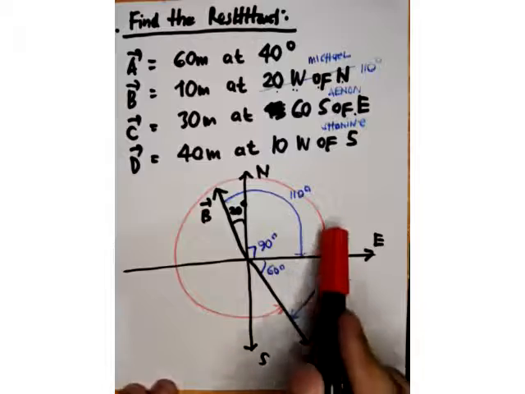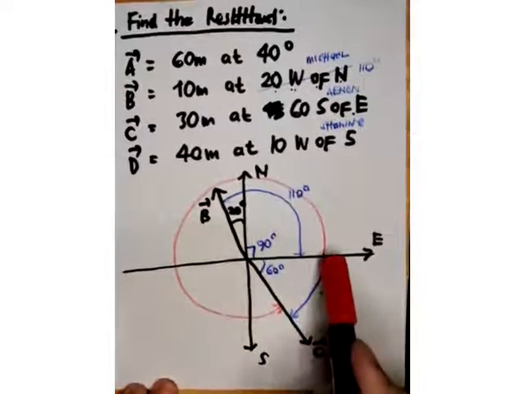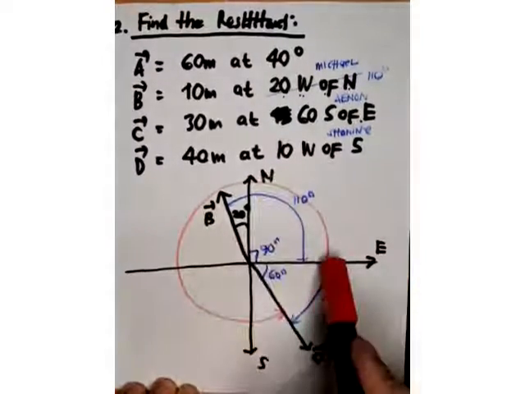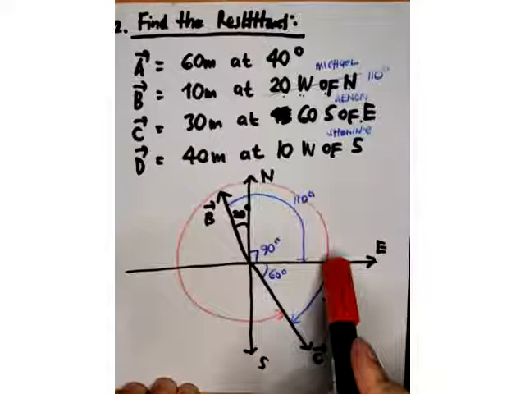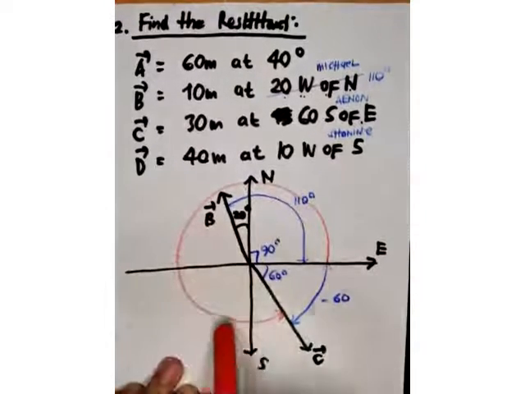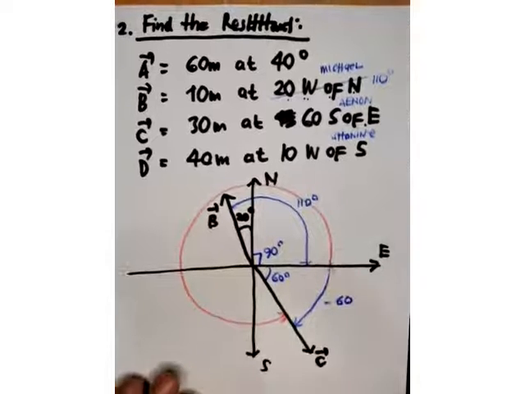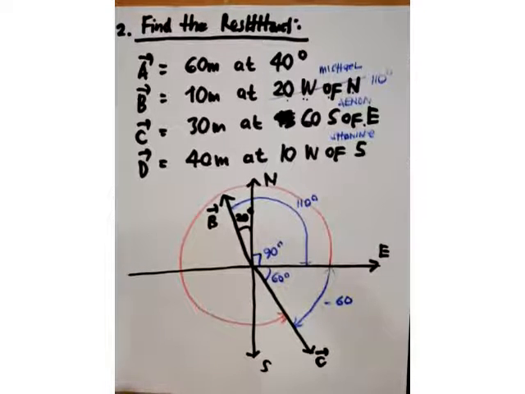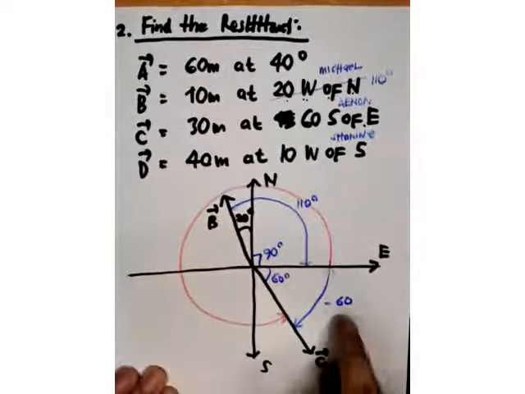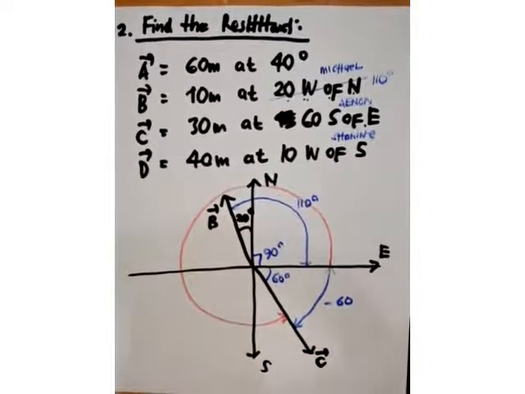360 yung buo. 180, 180. 360 yung buo, ima-minus natin ay 60. 300.